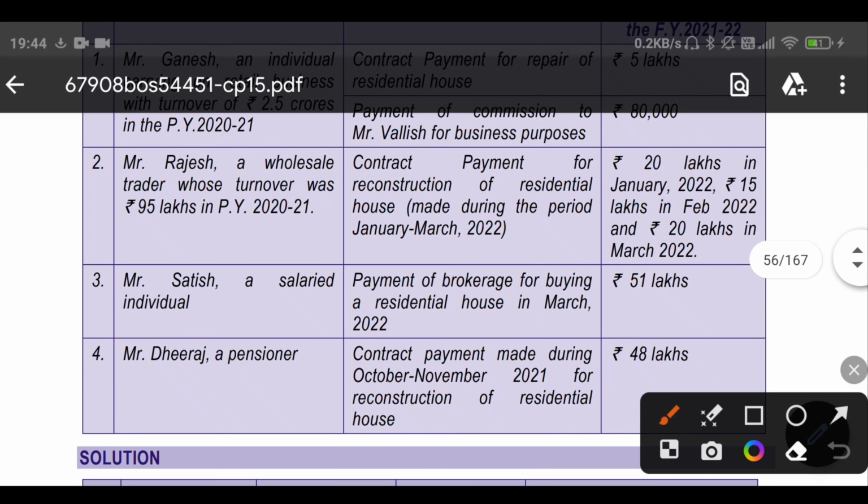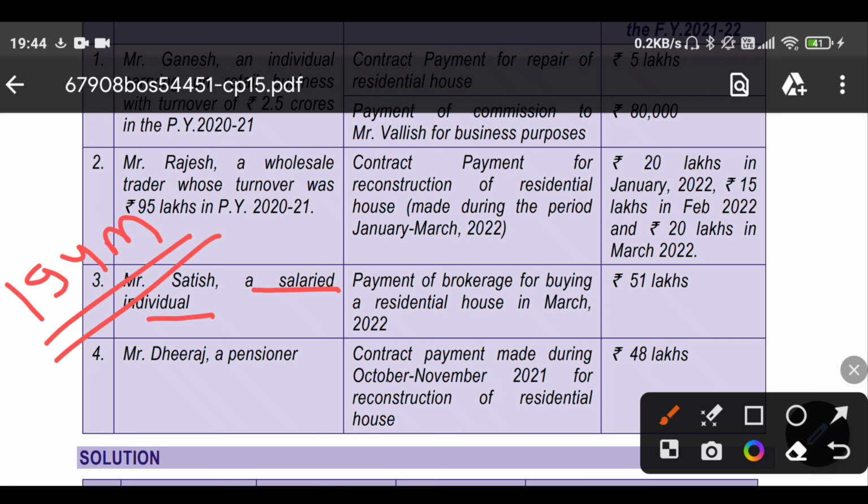And next is Mr. Satish, a salaried individual. So he is a salaried individual, so 194M will be applicable on that also. So 194C, 194H, 194J will not be applicable. And payment for brokerage of buying residential house: in 194M we don't see whether the payment is for personal purpose or business purpose, right.